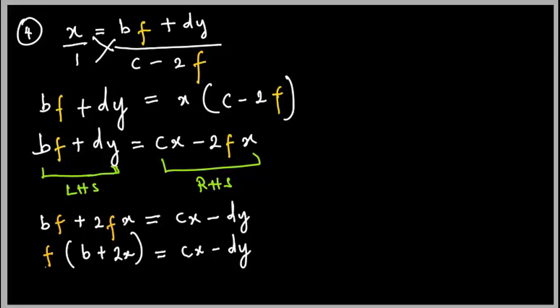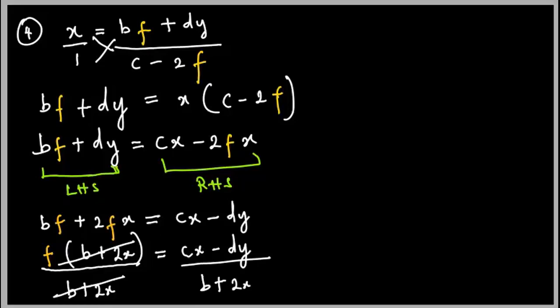Now finally, to get my f, this bracket term beside f needs to go out. By dividing both sides by that term, I'll have b plus 2x all over b plus 2x. So that b plus 2x will cancel itself here.